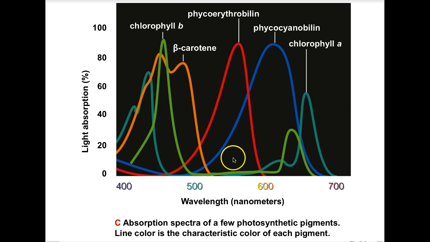I would lose all of the energy from light in the 500 to 600 range. So if an organism, specifically a plant, has more than one type or class of pigmented molecule, they can take advantage of the full spectrum and basically be more efficient. And that's in essence what this is showing.